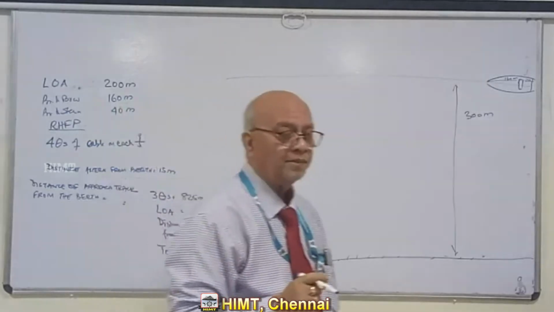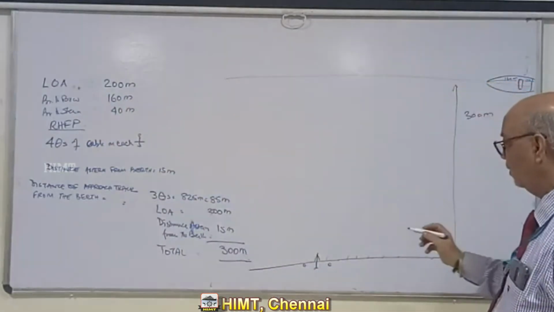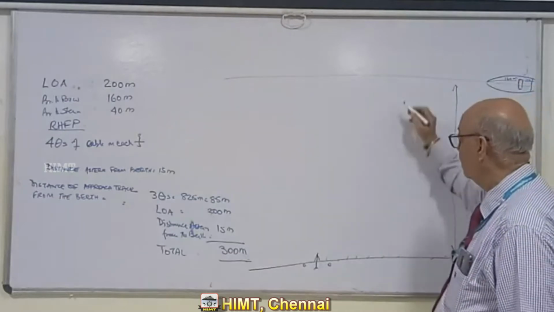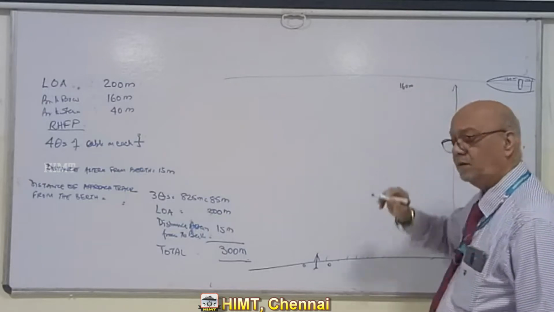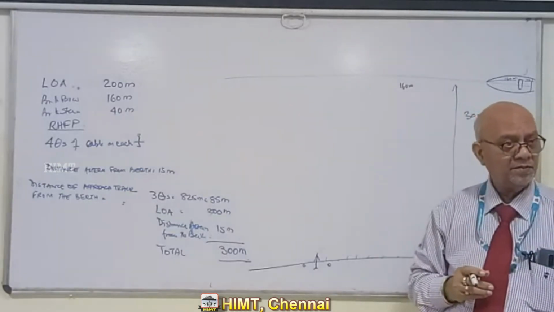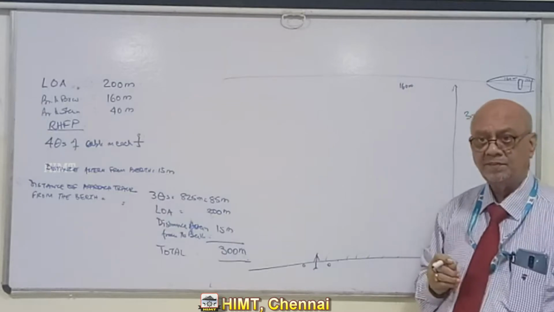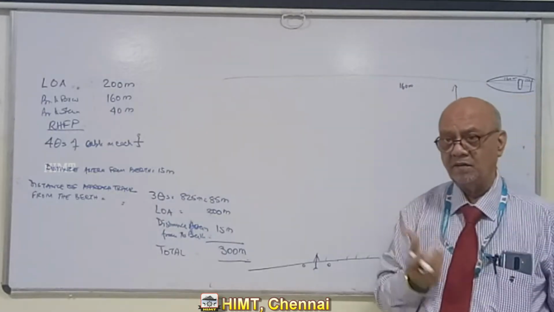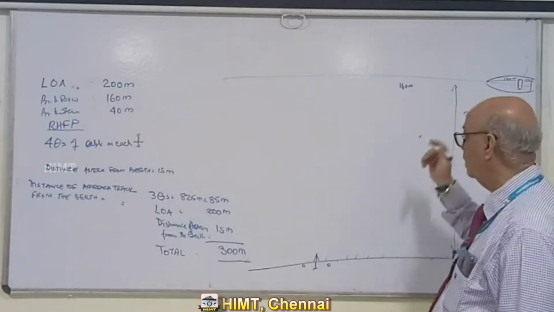Which means I should drop my anchor when I am 160 meters bridge to bow distance, plus 1 shackle, which is 27.5.